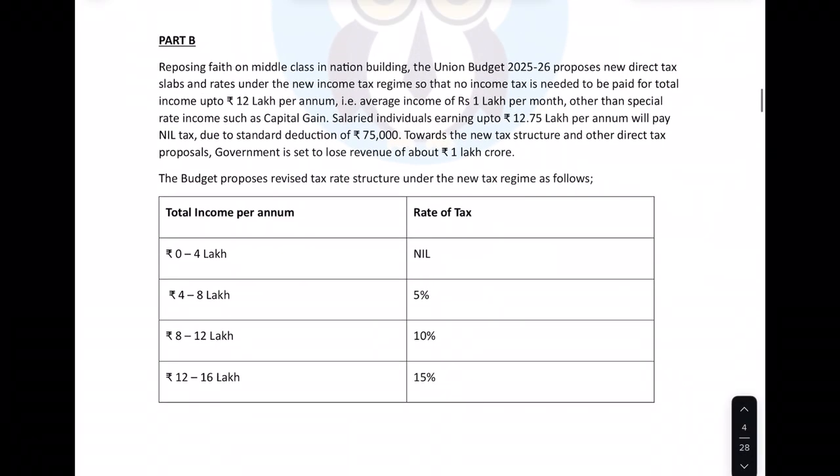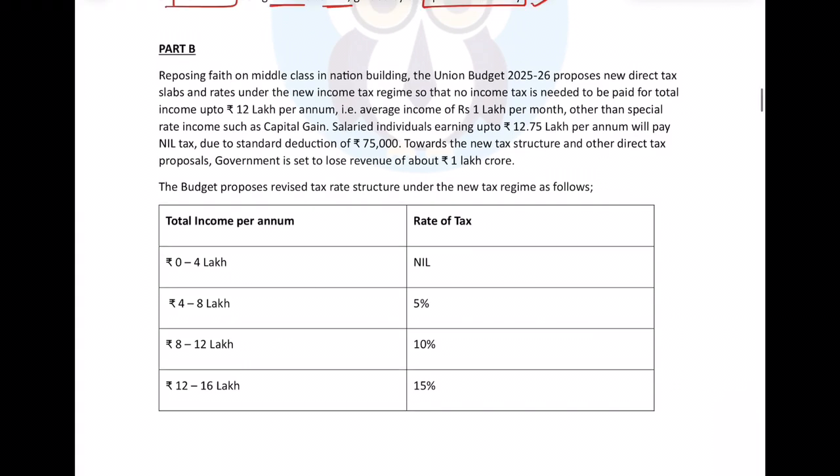And in part B, where we have talked about the tax reform, as we already know, up to 12 lakh per annum has been exempted. And if we take a standard deduction of 75,000, then a total of 12.75 lakh per annum will pay nil tax.